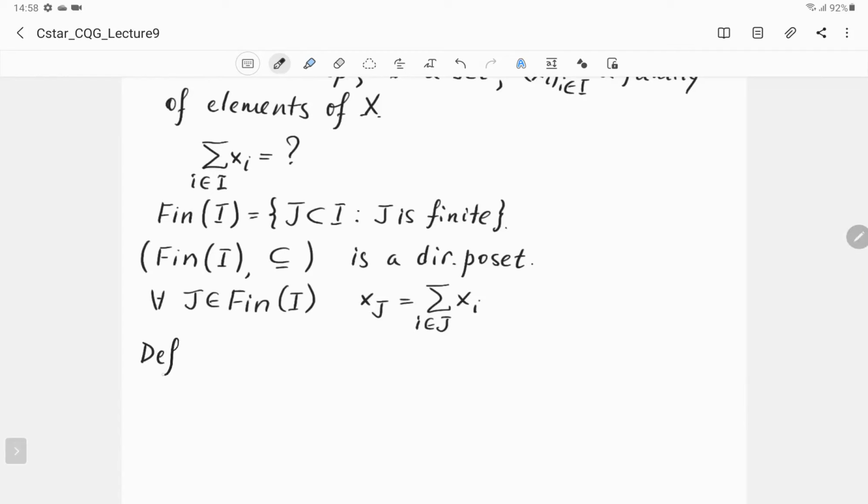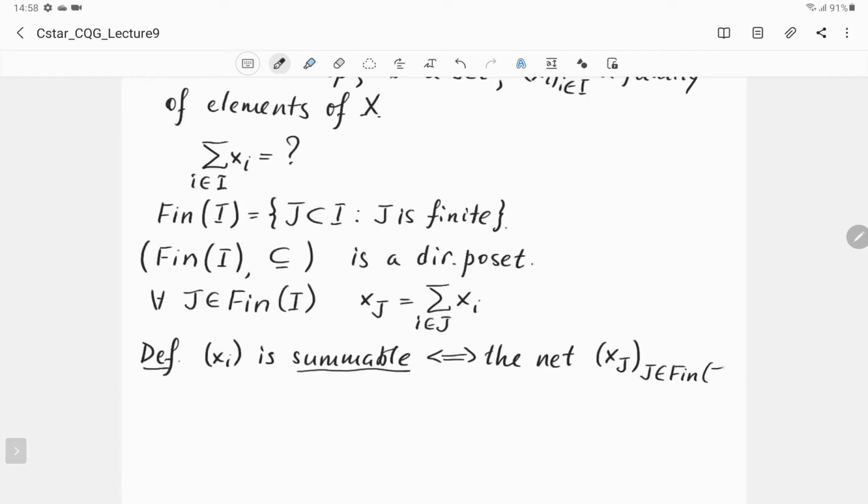And we say, by definition, that our family x_i is summable if the respective net consisting of such finite sums x_J, indexed by finite subsets of I, converges in X. And if it converges, then the limit of this net is called the sum of our family.